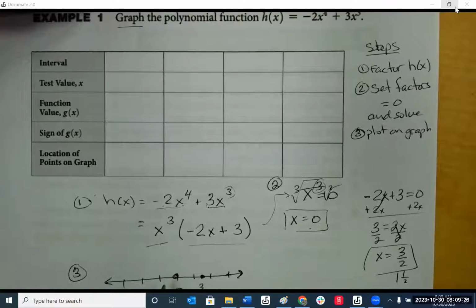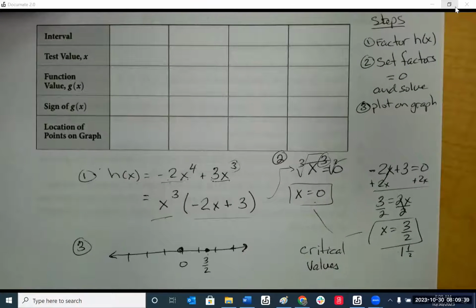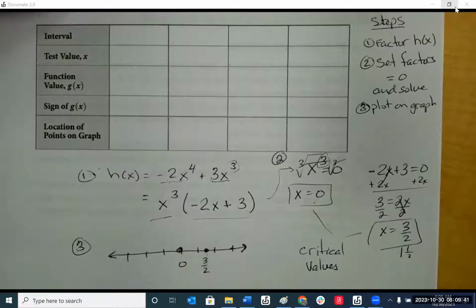These are also called critical values, because at those points the graph crosses the x-axis. So critical values, zeros, solutions, x-intercepts are all the same thing.